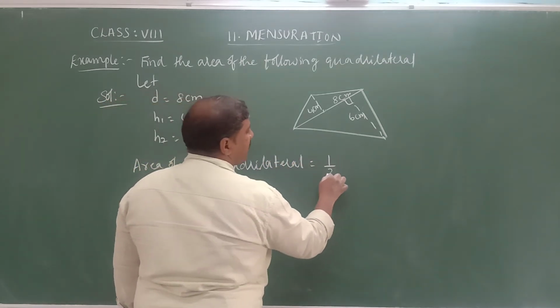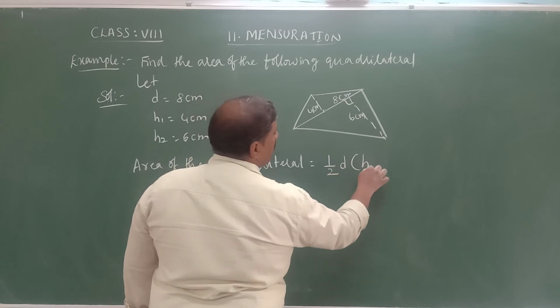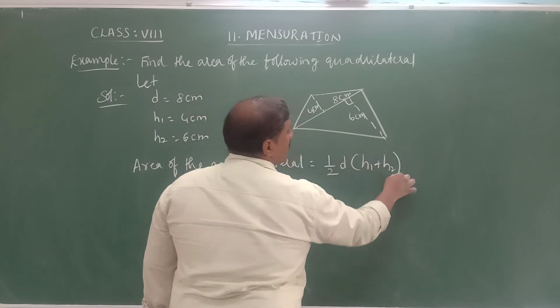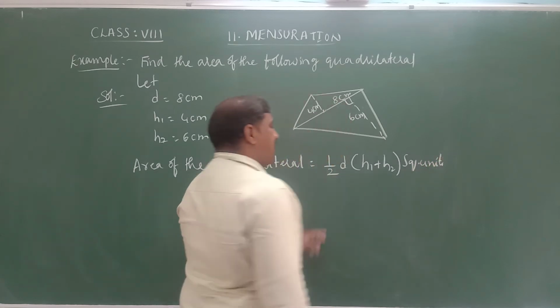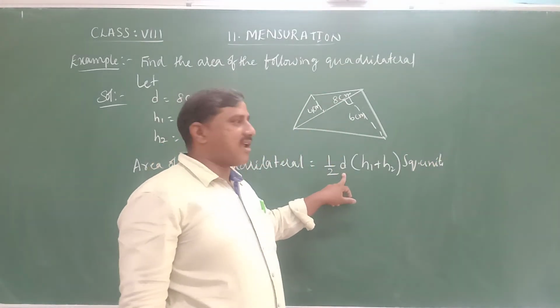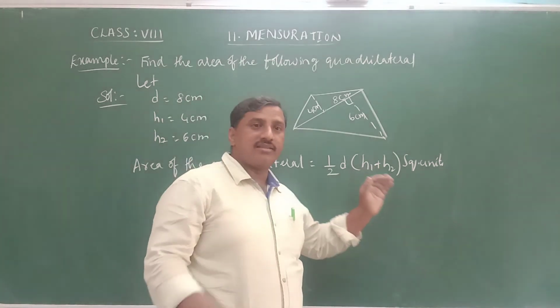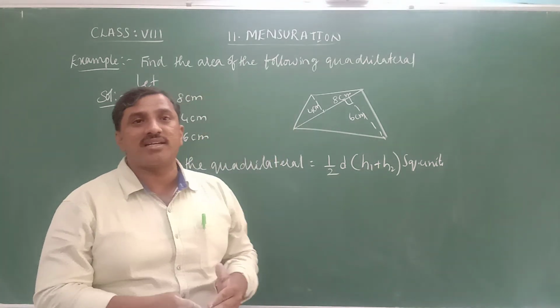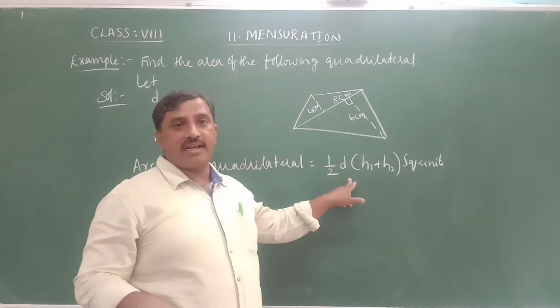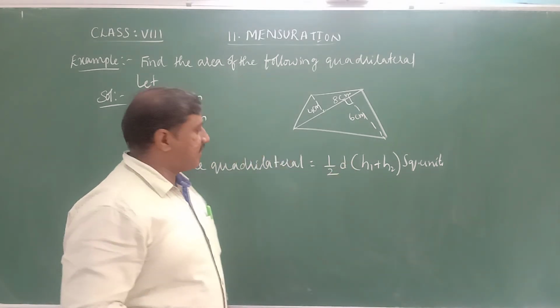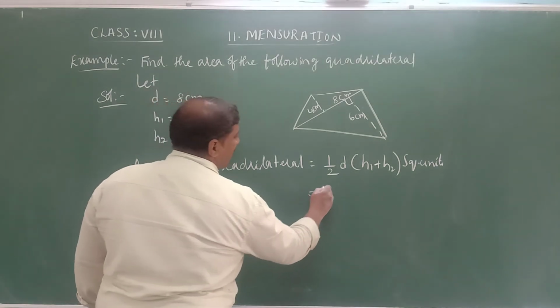It is half into d into h1 plus h2 square units, where d is the length of the diagonal, and h1 and h2 are the lengths of the two perpendiculars or altitudes drawn to that diagonal from its two opposite vertices. Now substitute the values.